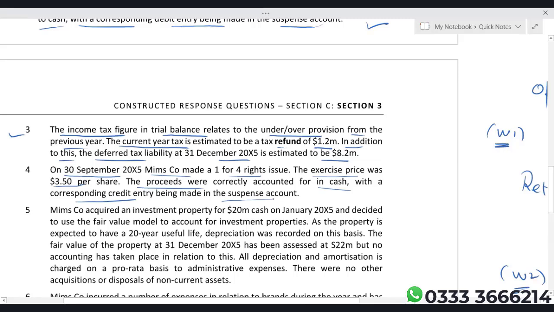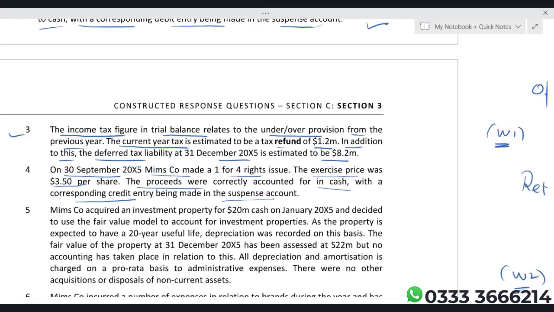Instead of crediting the share capital with the par value, and the amount over and above the par value to share premium, they have actually created the suspense account. So logically, we will debit the suspense account, with the par value increasing share capital and the remainder going to share premium.